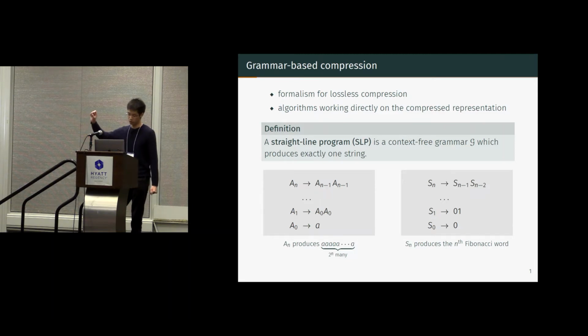You have these variables: An goes to An-1 An-1, An-1 goes to An-2 An-2, and finally A0 goes to a. It's not hard to see that these n rules produce a string of length 2 to the n. On the right-hand side, there's another example which produces the so-called nth Fibonacci word, and it is also of exponential length.